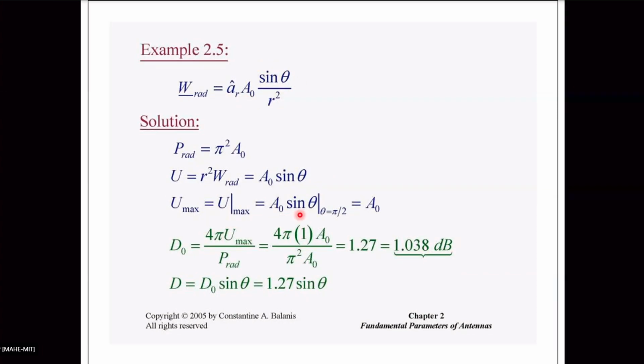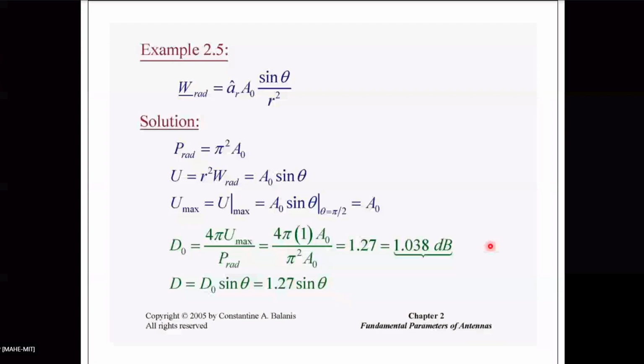U max is A naught, obtained when theta is equal to 90 degrees. D naught is 4 pi U max by P_rad. So you get 1.27. Then you take 10 log of this, 10 log, not 20 log, so you get 1.038 dB. When a numerical is asked, you have to express the answer both as a number as well as in dB.